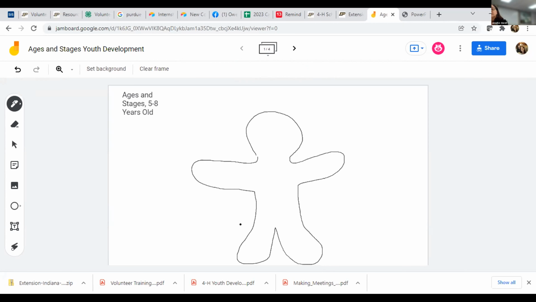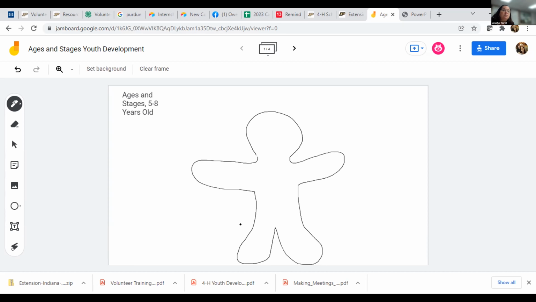So when we're talking about the different characteristics we need to know about in the different stages, we want to think about physical growth. We want to think about their cognitive growth, or their thinking. And we want to talk about their social growth and their emotional growth. So when we're talking about 5 to 8 year olds, what kind of characteristics physically do these kiddos have?